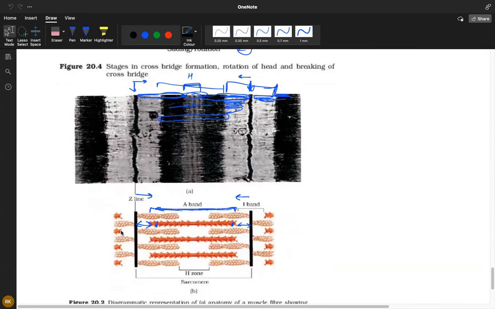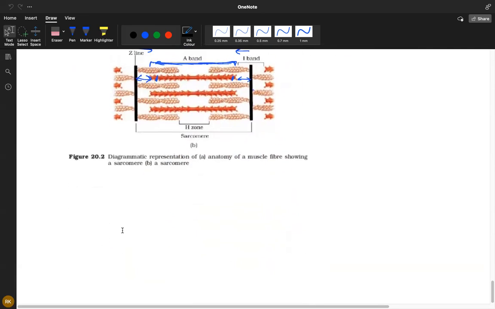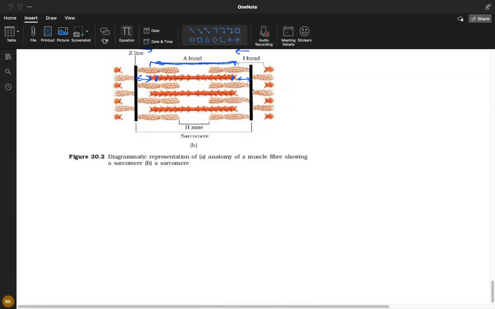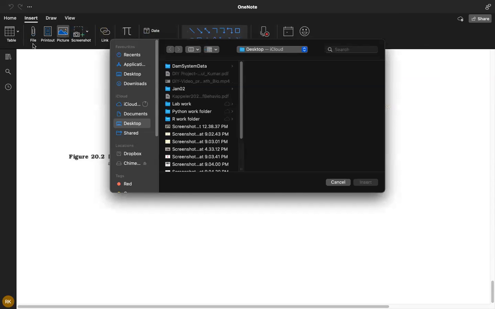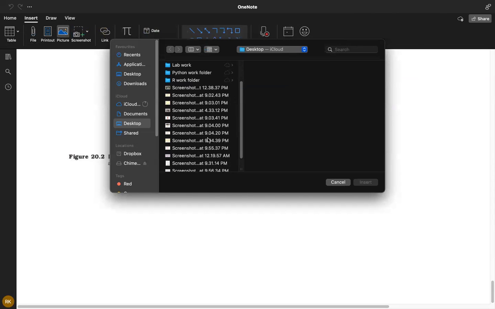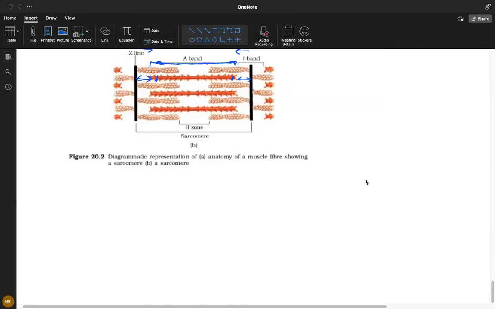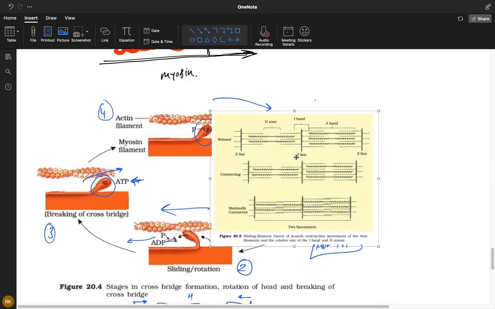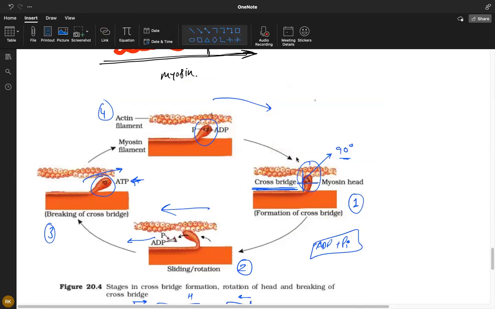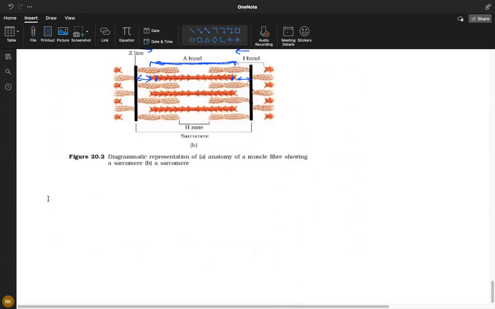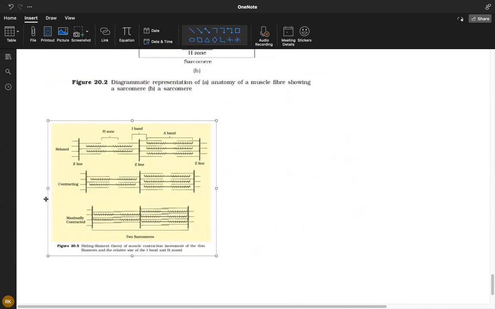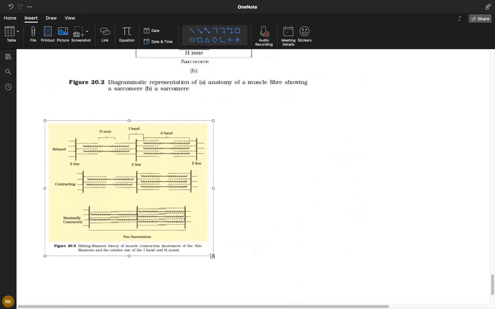Okay, before that, I give you 2 minutes to look at figure 20.5 and see if you understand it. Let me see if I have the figure, I can pull it down. Yeah, I have this. This is the figure I'm talking about. Can you see this figure?